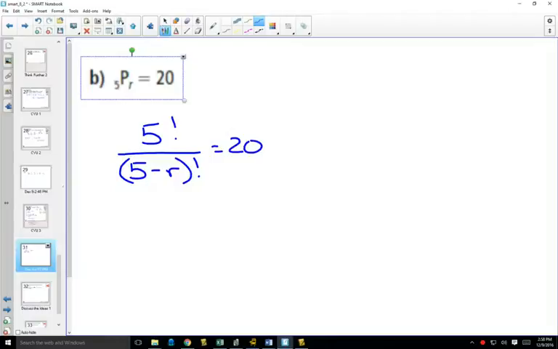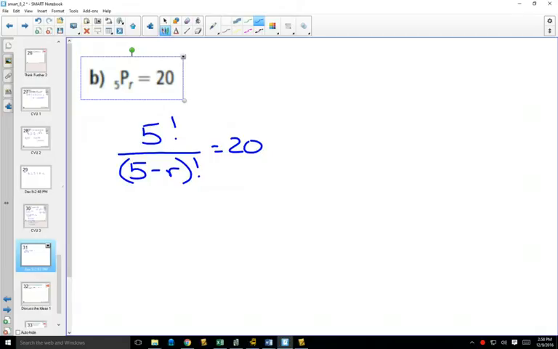Part B, they wouldn't include the word algebraic in there. If they give you a value where you're trying to find r, this would be one that you wouldn't solve algebraically. You would use your knowledge and a little bit of guess and check to figure this out.